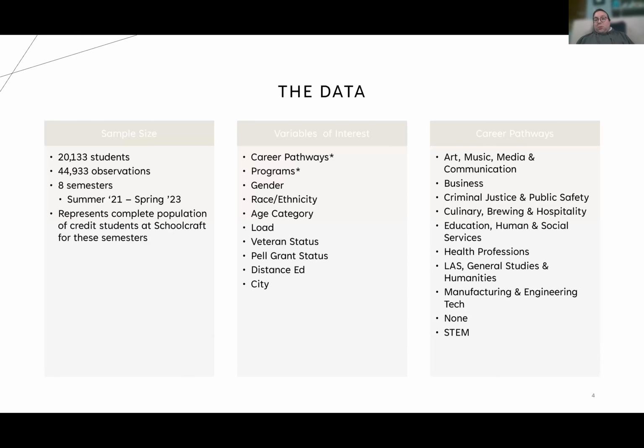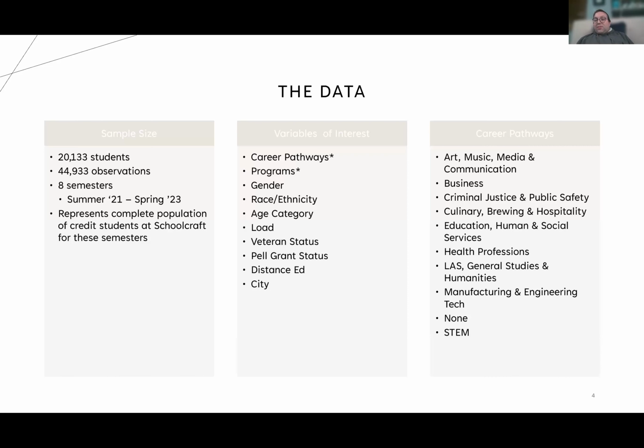I was looking largely at the career pathways since there are fewer of them, so that's easier to analyze. The demographic variables were gender, race and ethnicity, age category, credit load (full-time versus part-time), veteran status, Pell Grant status, distance education, and city.